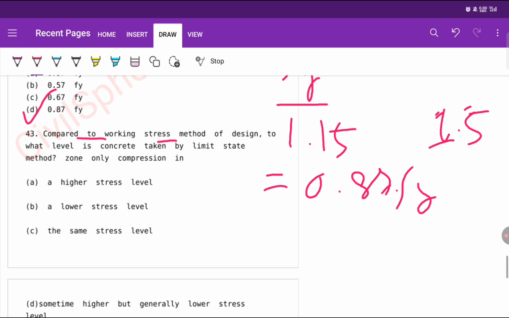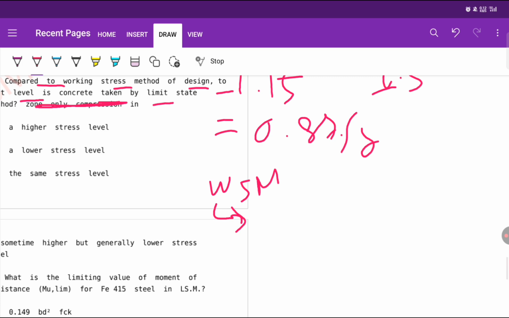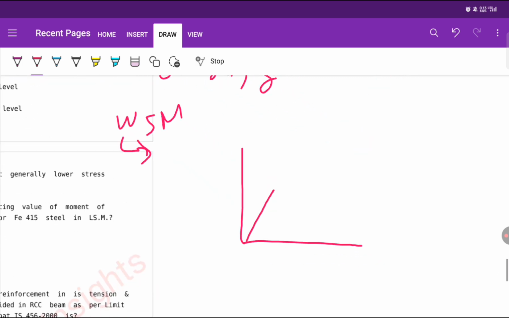Compared to the working stress method of design, to what level is the concrete taken by the limit state method? In WSM, the working stress method, we underestimate the strength of steel, meaning we take it lower. Suppose this is our stress strain graph of mild steel.